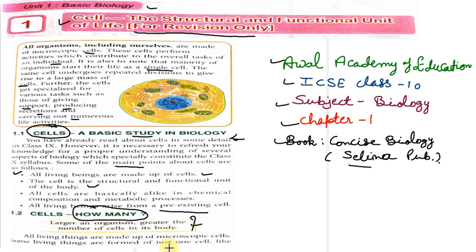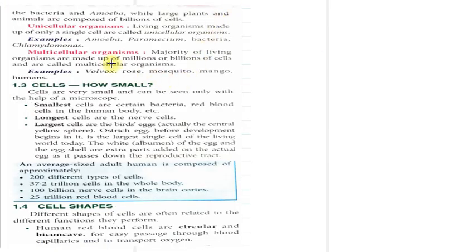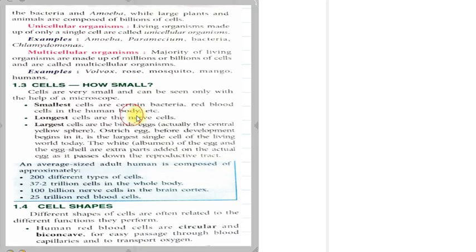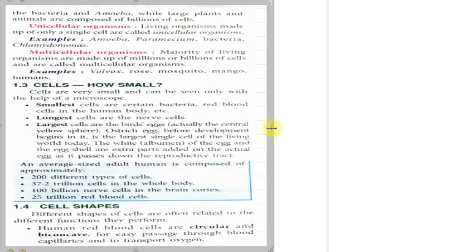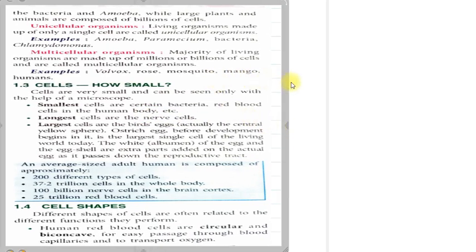Some are made up of just one cell, like bacteria and amoeba, while larger plants and animals are composed of billions of cells.